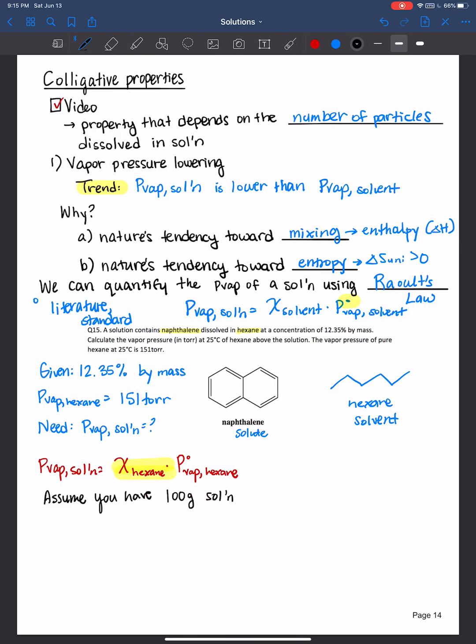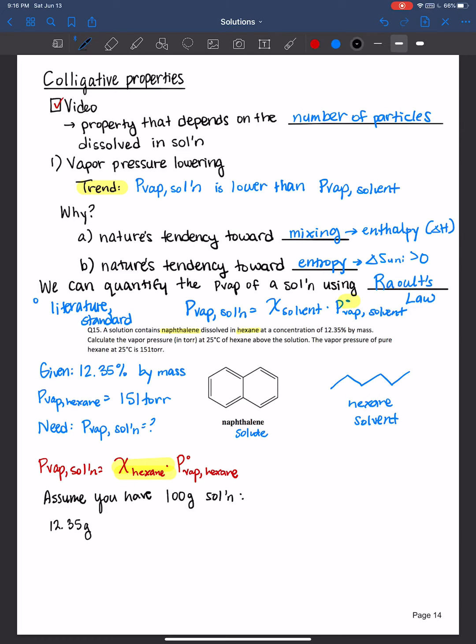If you have 100 grams of solution, then how many grams of naphthalene do you have based on the given piece of information? Excellent. You would have 12.35 grams of naphthalene in a 100 gram solution based on this mass percent. You don't have to assume 100 grams of solution; I just always feel like it makes the math a little bit easier.